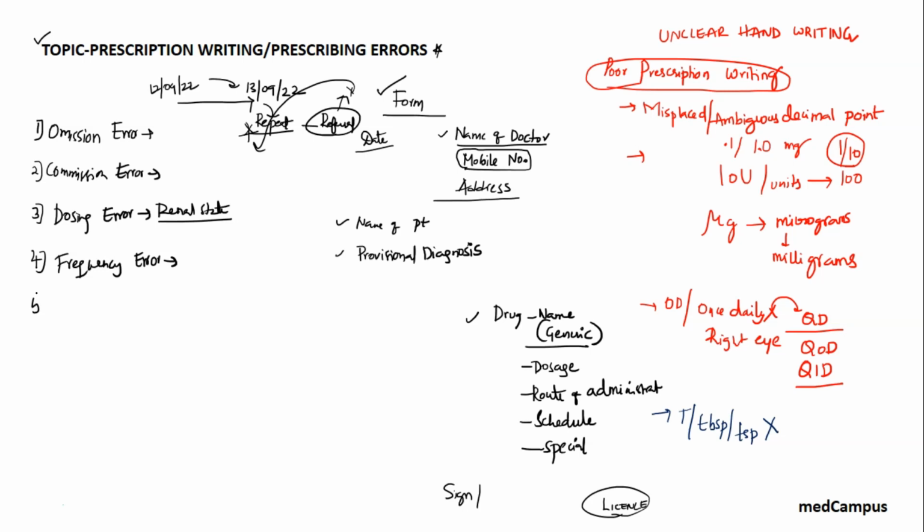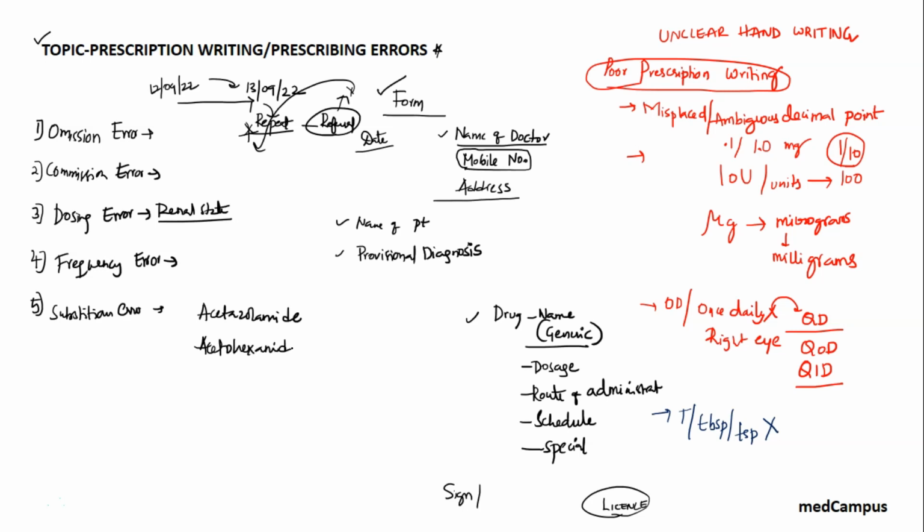And we also have substitution error. Instead of giving one drug, you might get confused and write something else, for example very closely related drugs with close names, like acetazolamide. Acetazolamide is given for glaucoma, right? There is a closely related drug like acetohexamide.